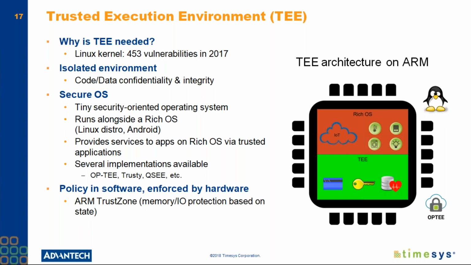So you have a rich operating system like Linux running, and then you can have a secure operating system, which is very small, whose main focus is doing some security tasks, running side by side, and the processor itself can context switch between the rich operating system and the secure operating system on the fly.